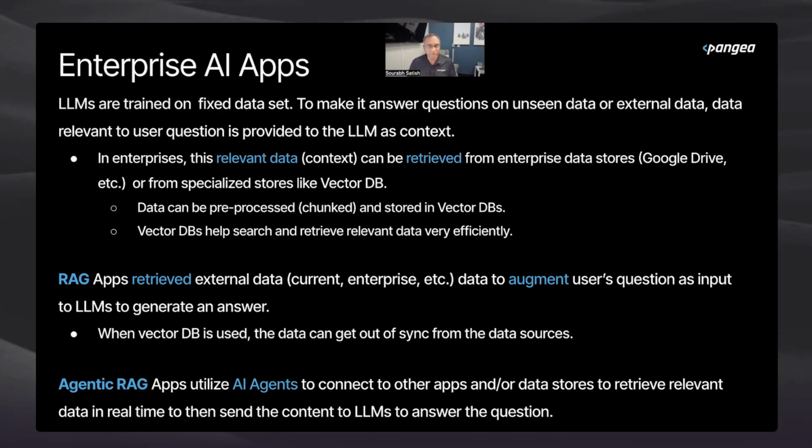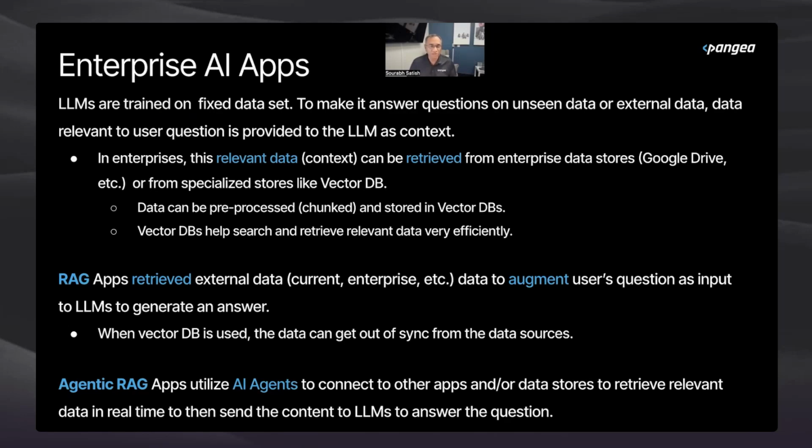Agentic RAG is kind of an evolution of a RAG architecture, which uses a vector DB, wherein an agent can be used to interact with its environment to retrieve the relevant piece of information for the user's question, rather than just retrieving it from a vector DB. Now, AI agents can interact with the external environment and services and applications, but they can also interact with a vector DB, which can again be the source of information.